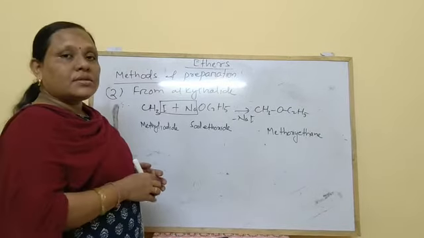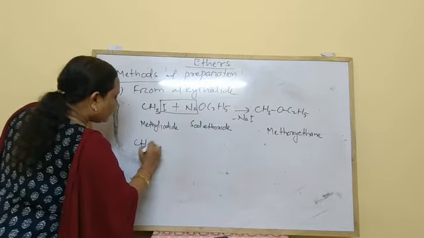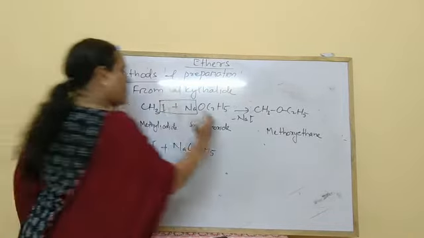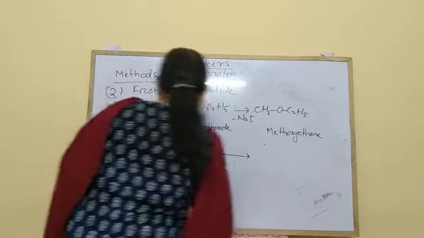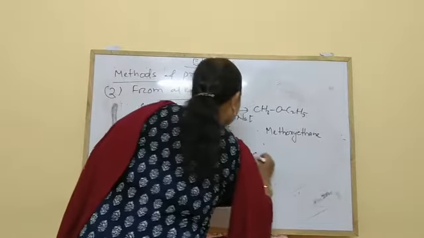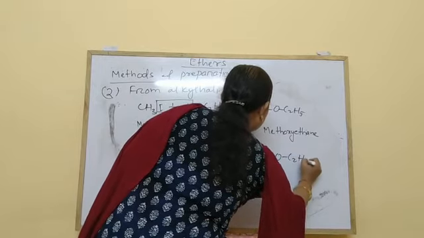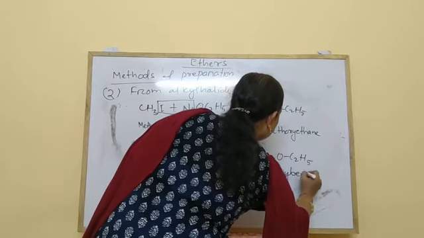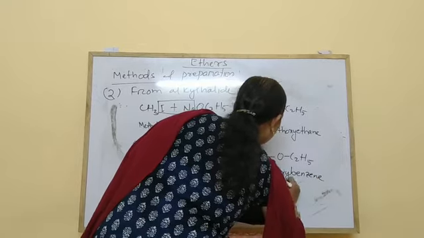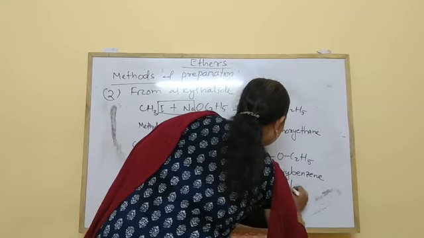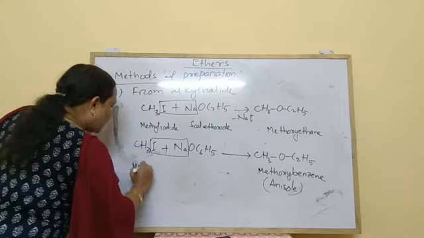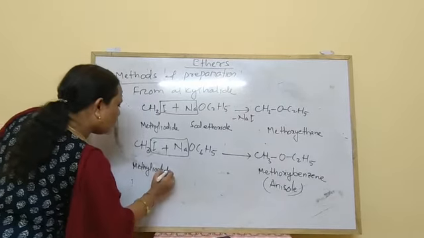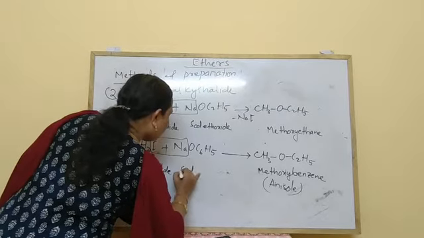For example, for the preparation of anisole, it requires methyl iodide and sodium phenoxide, which give methoxybenzene or anisole.